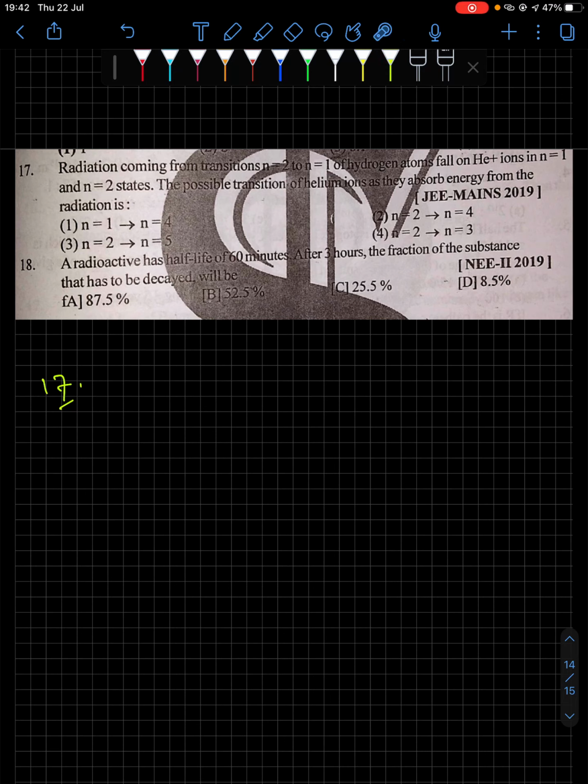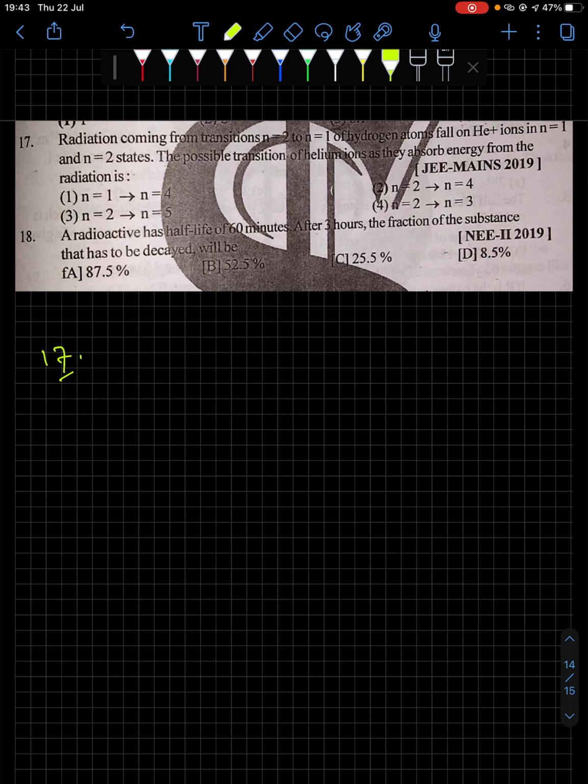Now, radiation coming from the transition 2 to 1 of a hydrogen atom falls on helium plus in n equal to 1. For the 2 to 1 transition, hydrogen will release 10.2 electron volt of energy. If that 10.2 electron volt of energy falls on helium plus, you have to find out which final n the electron will jump to.